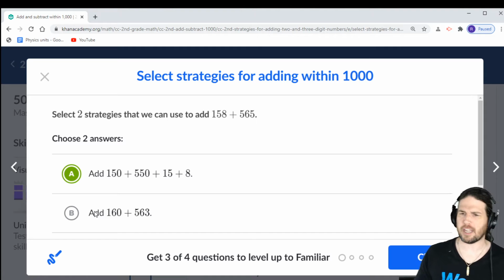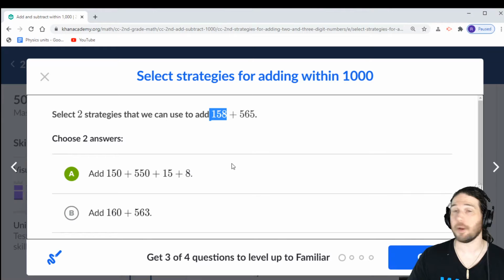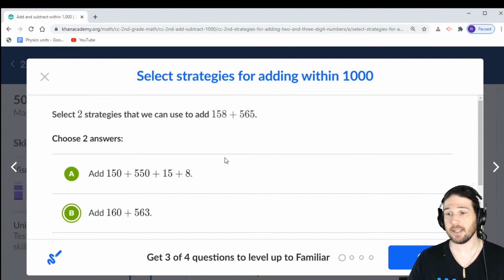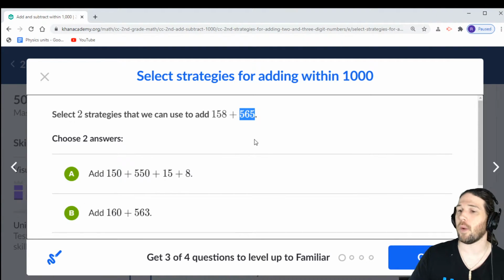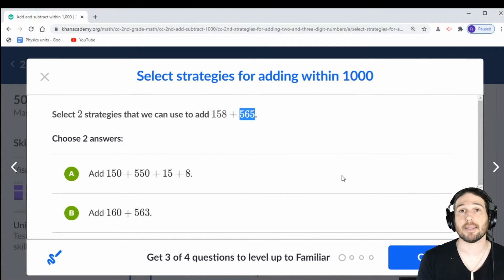And I can do 15 plus 8, and I can do 150 plus 550 because it's a lot easier than adding the original problem. I could also add 2 to 158 to get 160, and then take that 2 away from 565 to get 563. These are both correct ways of getting the correct answer.